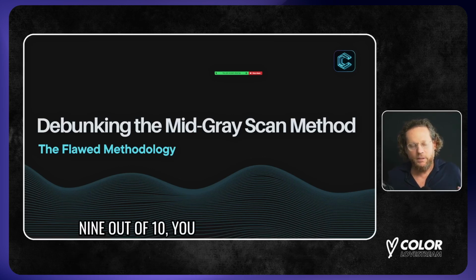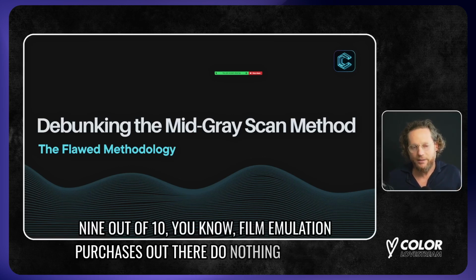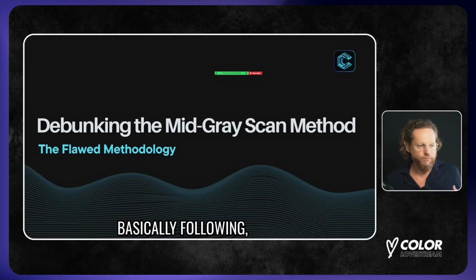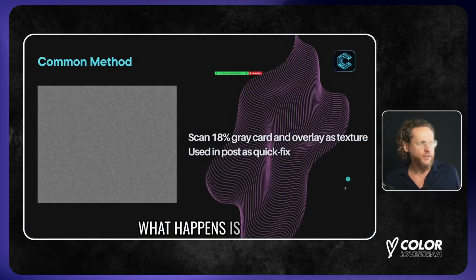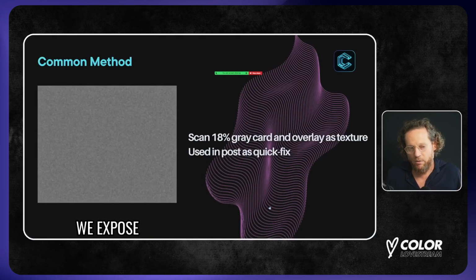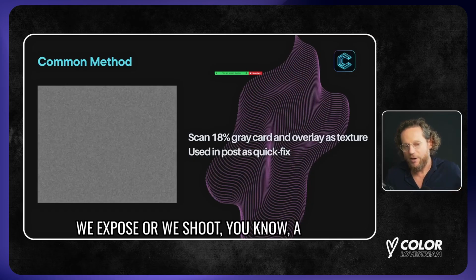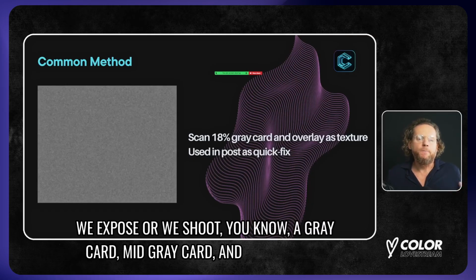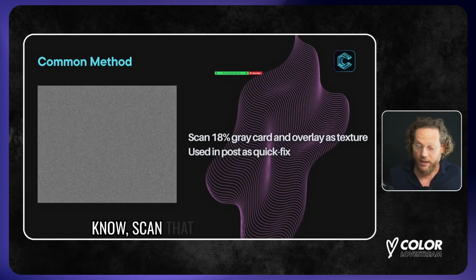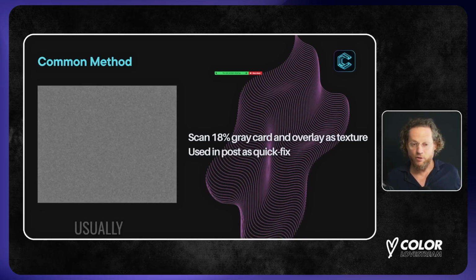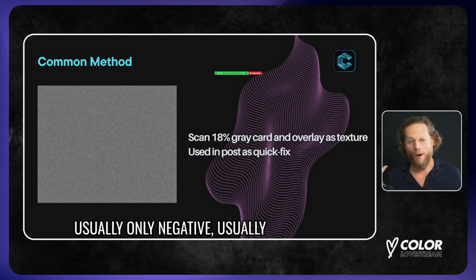Nine out of ten film emulation processes out there do nothing else but follow this. What happens is this: we expose, or we shoot, a mid-gray card, and then we scan that piece of film, usually only negative, usually only print.